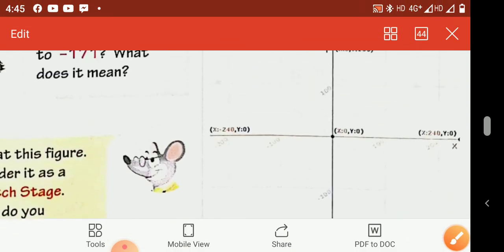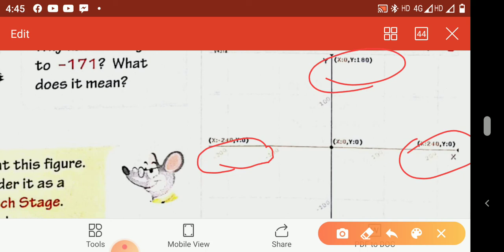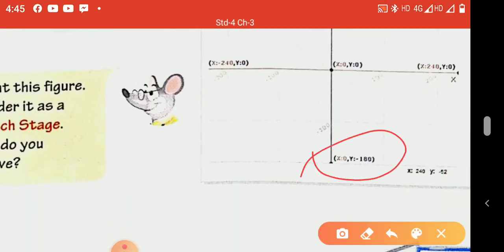In this picture you can see x is 240 and minus 240, and y is 180 and minus 180.